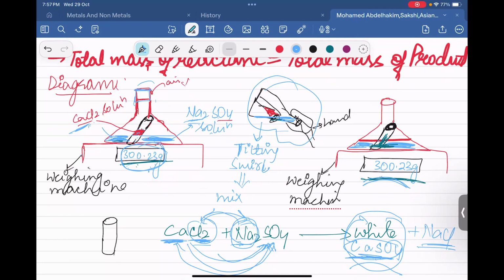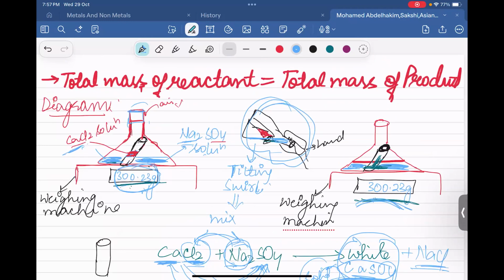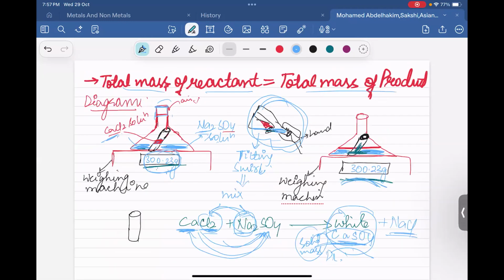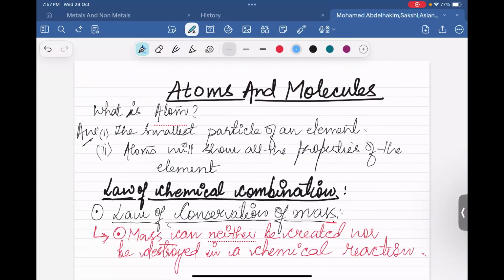After mixing and shaking properly, they form a white precipitate, a solid product, and this also has the same weight. So the total mass of reactants is equal to the total mass of products. Hence it proves that mass can neither be created nor destroyed in a chemical reaction.